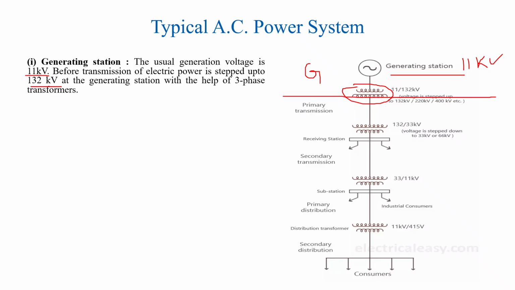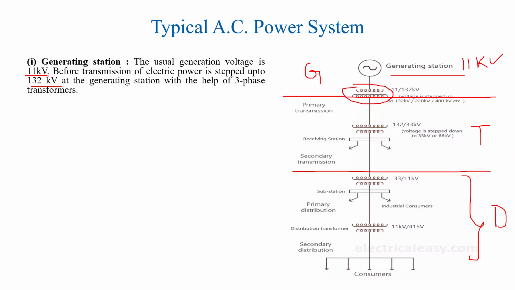Up till here it is transmission and the remaining is the distribution section. In the generating station, the generated voltage is 11 kV, and before transmitting it, the voltage is stepped up from 11 kV to 132 kV with the help of a step up transformer.